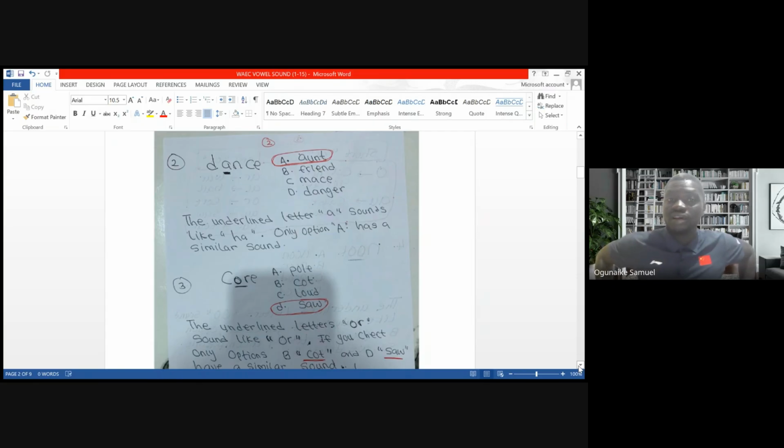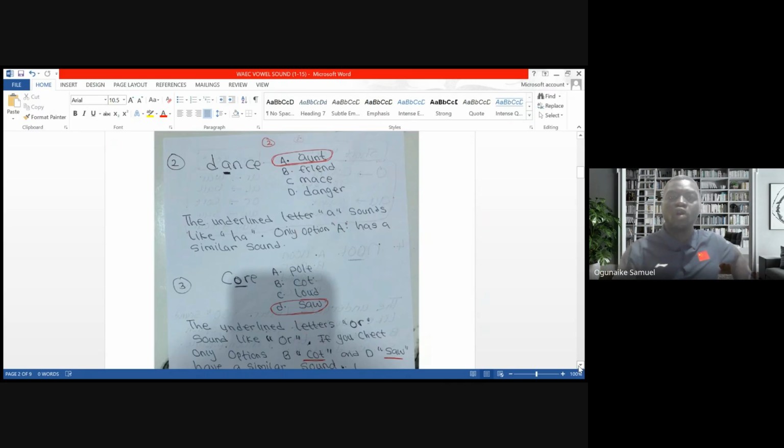You see, look at the DAN in dance, the DAN in danger. But one underlined letter sounds like ah, as if something bad happened. But if you look at danger, it's not ah. So the answer is ant. Very simple. Just focus on the underlined letter. How does it sound? Go through all the options and look for the one that sounds like the underlined letter.